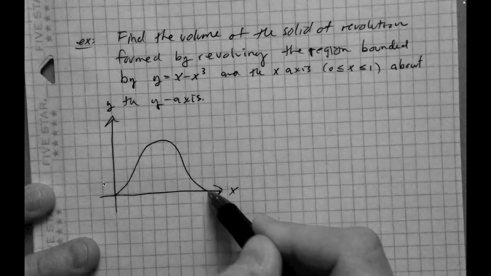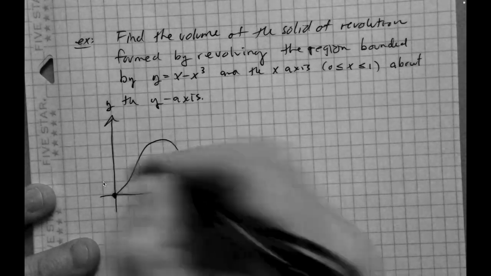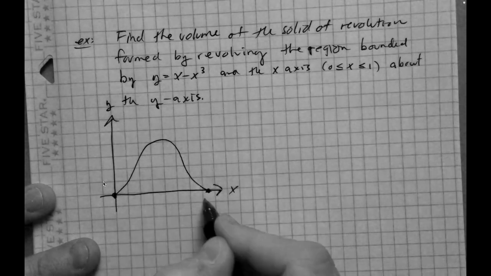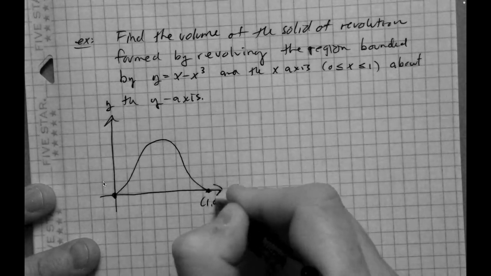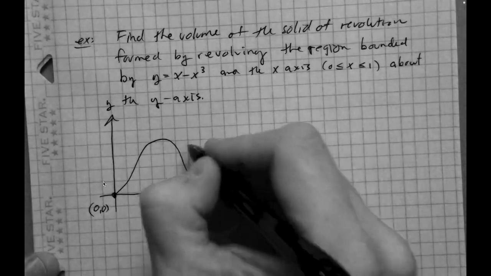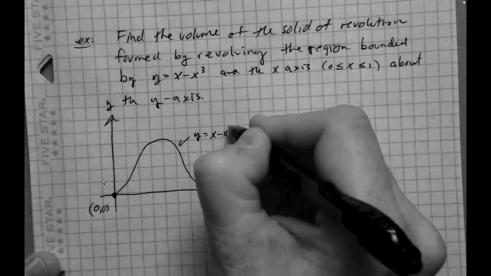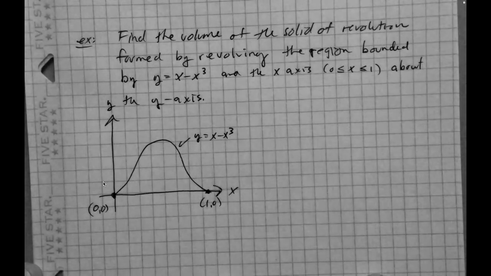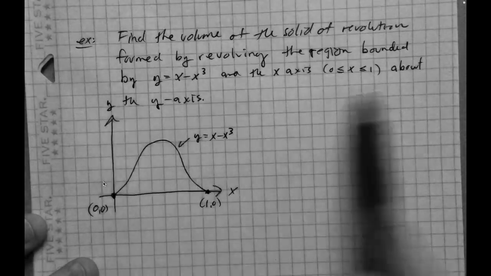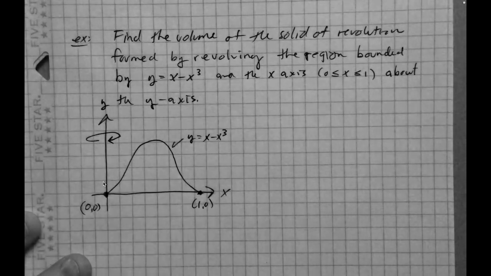It kind of comes up and goes down, specifically on the interval from 0 over to 1. Now it does say we're going to rotate this around the y-axis, so it's going to look like that.